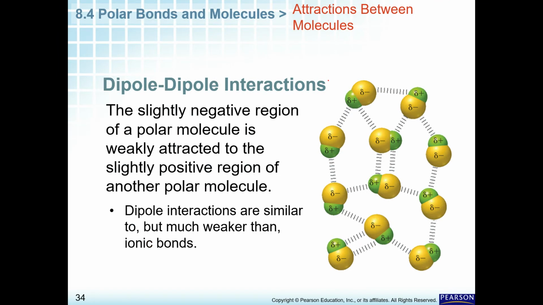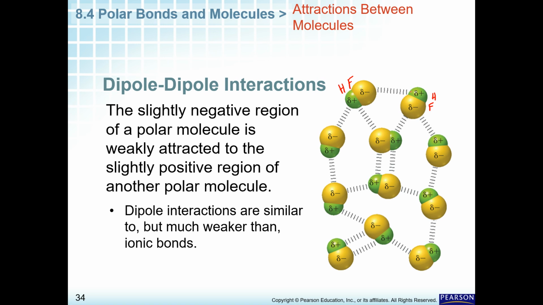Let's say we had a polar molecule. So here, let's just say I had hydrogen bonded to fluorine. Okay, again, we have hydrogen bonded to fluorine. So HF. These molecules are going to be attracted to other molecules. And what they do is the slight negative end of one molecule is going to be attracted to the slightly positive end of a different molecule.